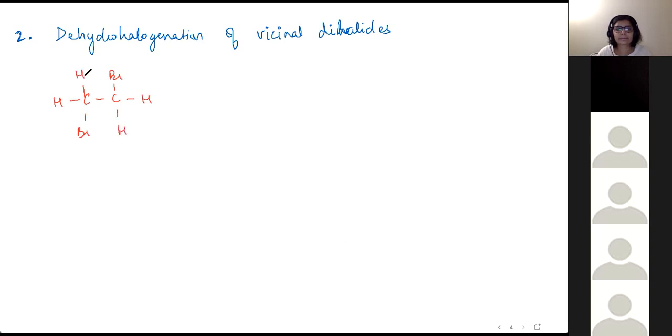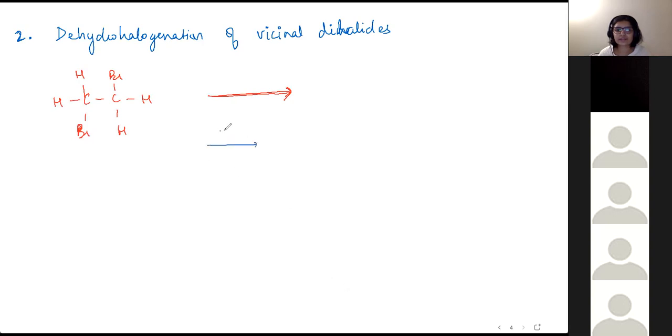So you used zinc for dehalogenation. But in this case, we are removing a hydrogen as well as a halogen. If you use zinc on this, you're going to end up with an alkene, not an alkyne. Remember, you're going to do this twice, right? The reagent that you use matters in how the reaction will go.